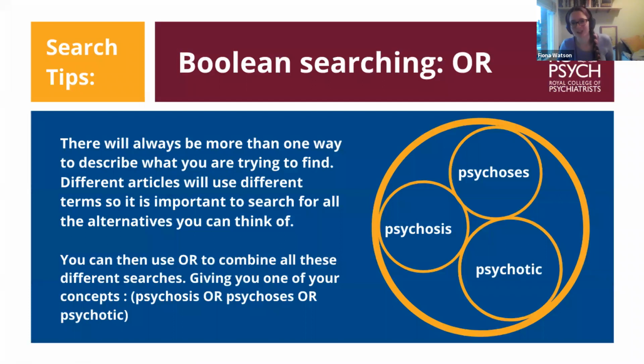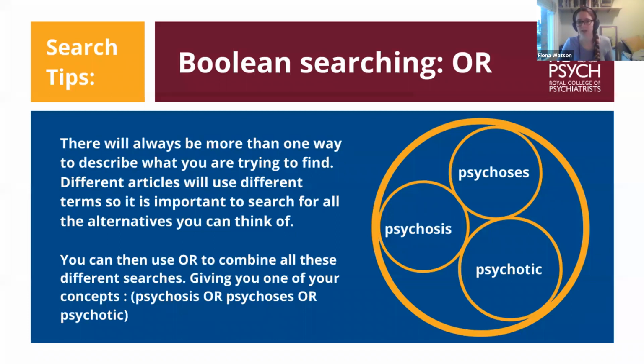Now, Boolean searching. This is one of those things that most people have heard of but can't remember what it is, because unless you're a librarian, it doesn't come up on a regular basis. So this is about combining search terms and using the AND, OR, NOT functionality. When you use OR, that's used to combine different search terms.